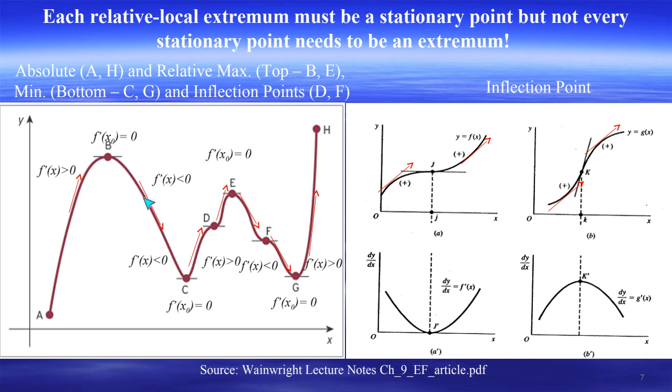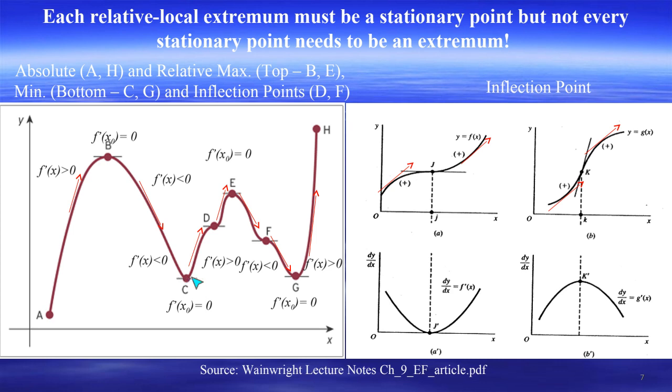All right. Then we continue going down. At the point C, the first derivative becomes 0 again. Here the first derivative is negative before C, in the region between B and C. We are going downwards. At C, the first derivative becomes 0.